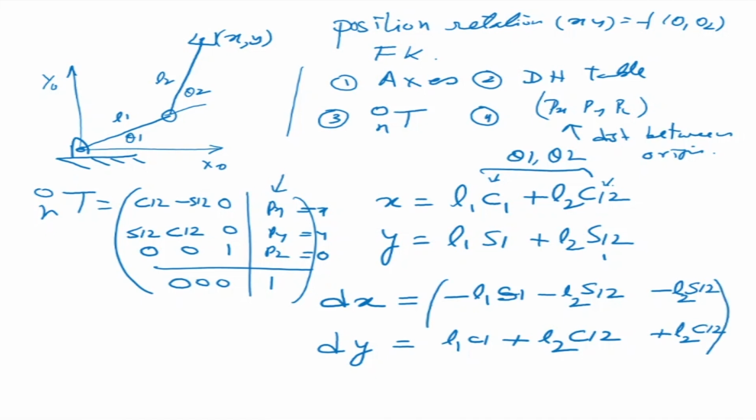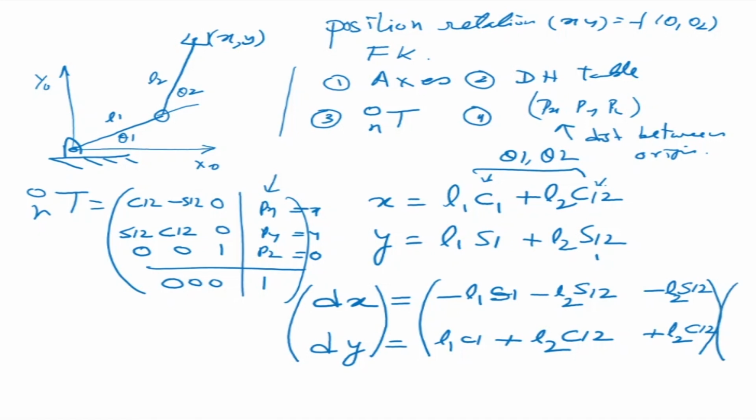If I write it in matrix form, then it looks like this, with d theta 1 and d theta 2. So what I did is first I took the partial derivative with respect to theta 1.